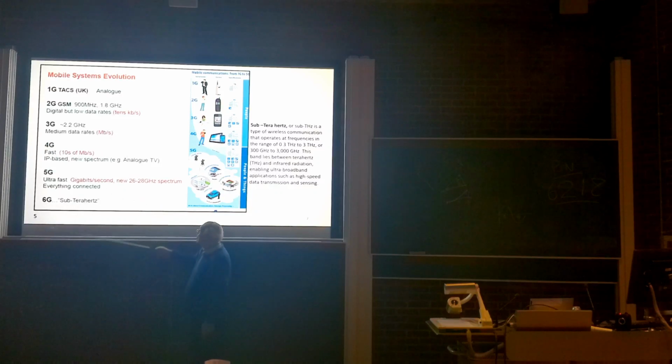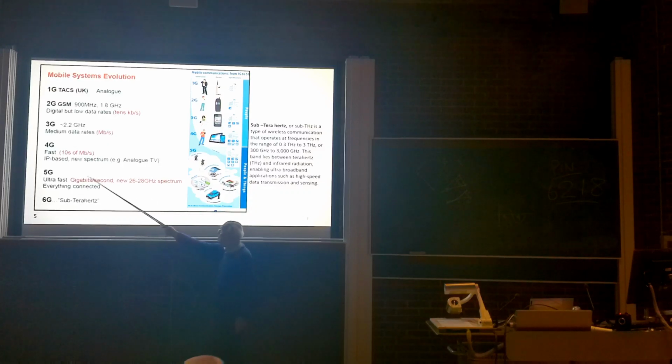3G, 2.2 gigahertz, so it's actually going up to a higher frequency band than before, and medium data rates, megabits, not kilobits, but megabits per second. That's obviously an improvement. We are now in the 4G area, which is roughly 10 times better.